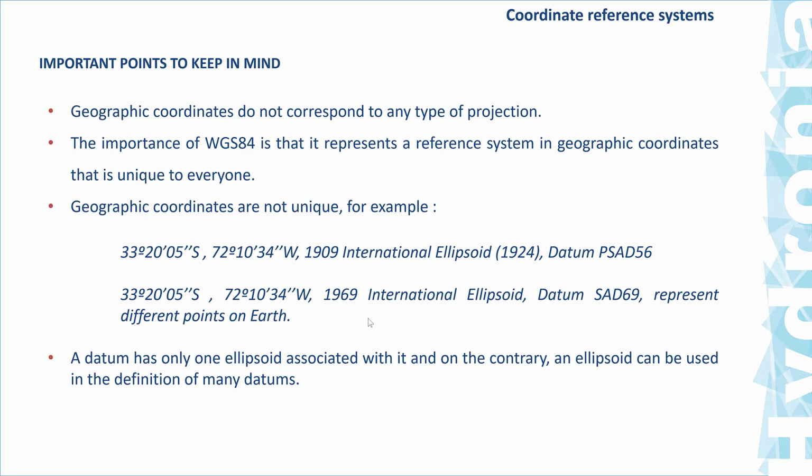So all of these things is not something that you will need to generate necessarily, but when you receive data, like a digital elevation model from some source, you need to review the information that that layer will have, and that will indicate the coordinate system, the projection, and the datum that is associated with that data set.